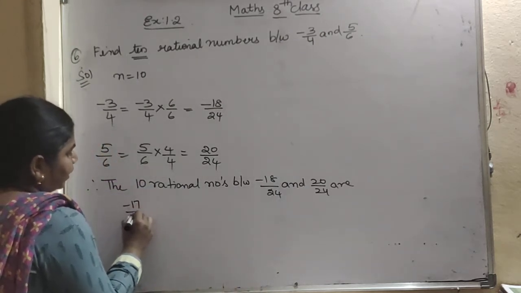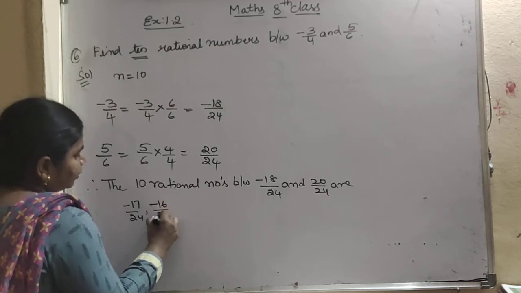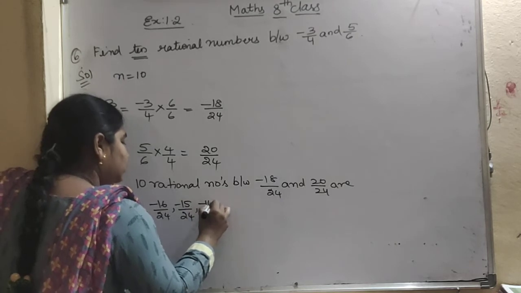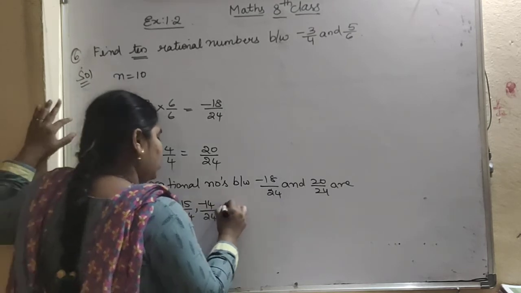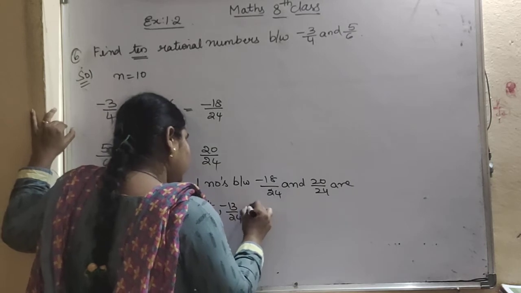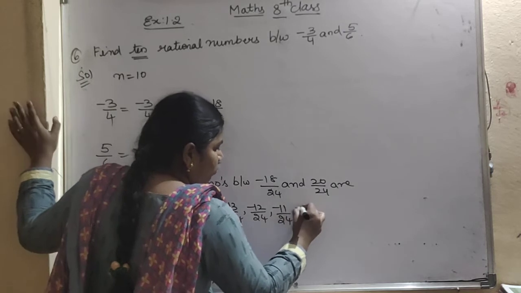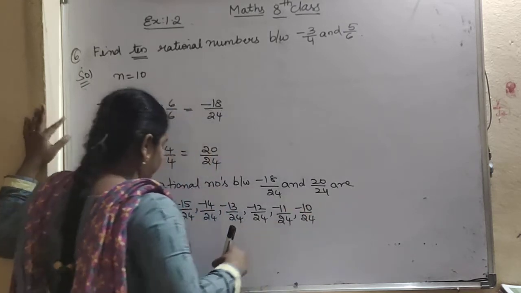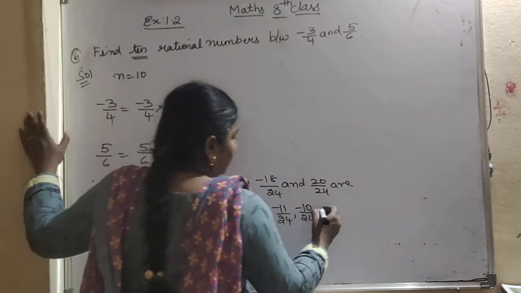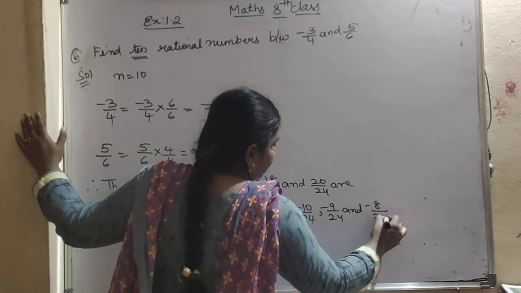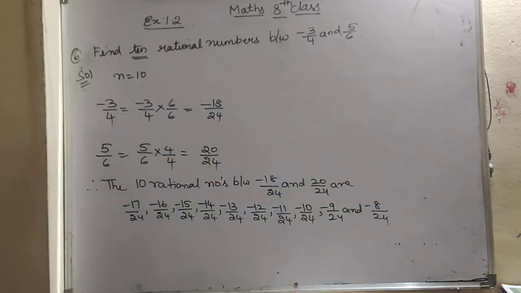So minus 17 by 24, minus 16 by 24, minus 15 by 24, minus 14 by 24, minus 13 by 24, minus 12 by 24, minus 11 by 24, minus 10 by 24, minus 9 by 24, and we can take it as minus 8 by 24. So these are the 10 rational numbers between minus 18 by 24 and 20 by 24.